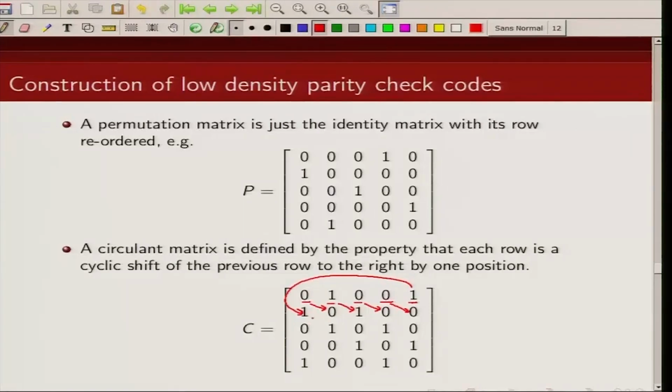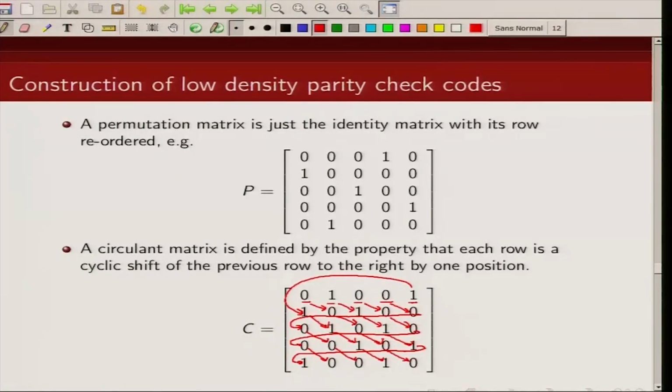Similarly, the third, fourth and fifth rows are obtained by shifting again each time. So, you can see each row is a circular shift of the previous row.